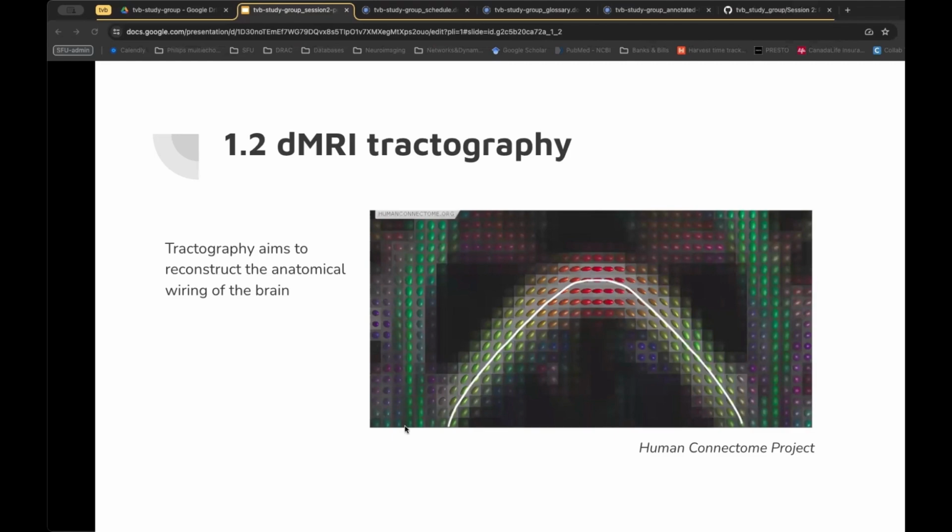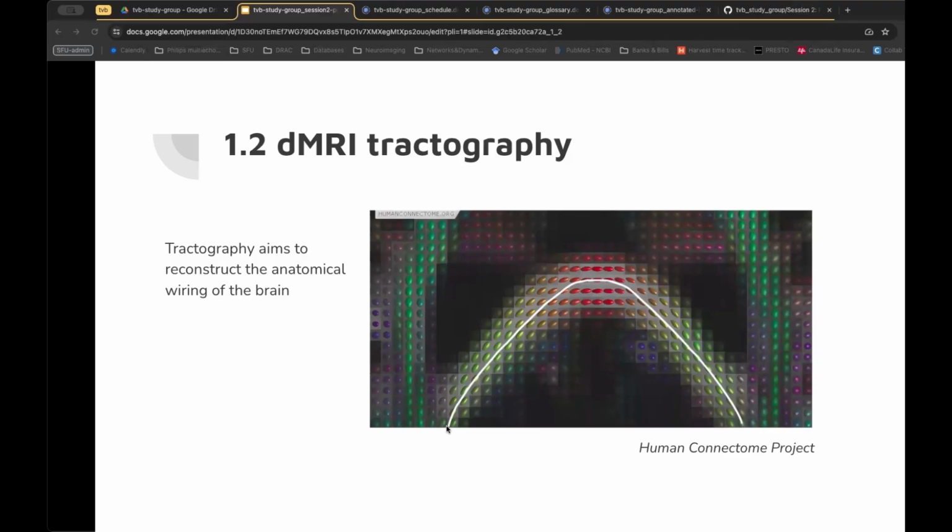And what tractography does, the two steps are you model the direction of those fibers per voxel, and then you send what are called seeds, and you step seed by seed, kind of like a path, and you trace where you are likely going to find these fibers. So this white line is called a streamline.